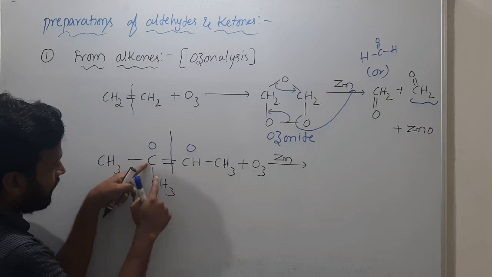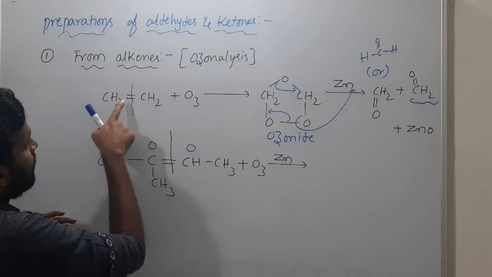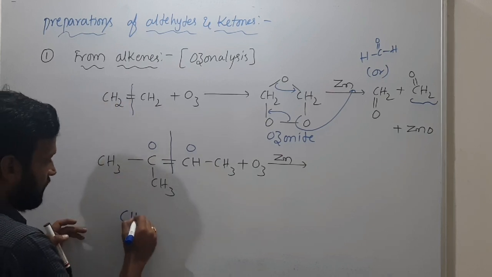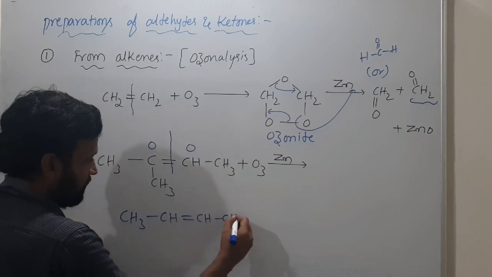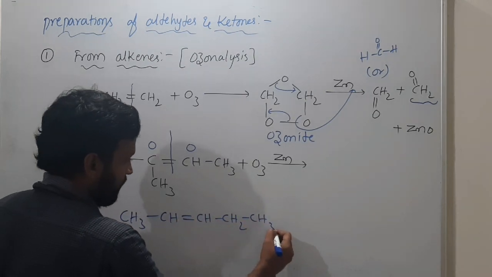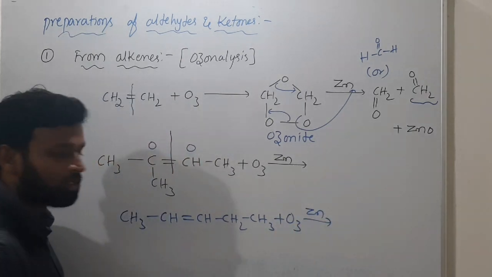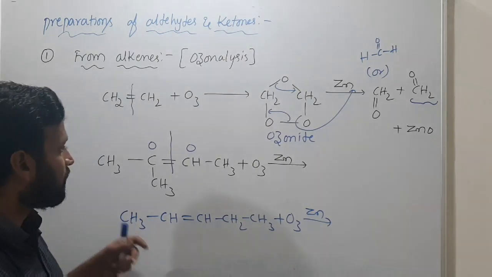If the double bonded carbon has a branch, pakka you will get ketone. If the double bonded carbon doesn't have any branch, suppose CH3 CH double bond CH and CH2 CH3, on ozonolysis in presence of zinc, what is the product? You know this already, but we are revising.